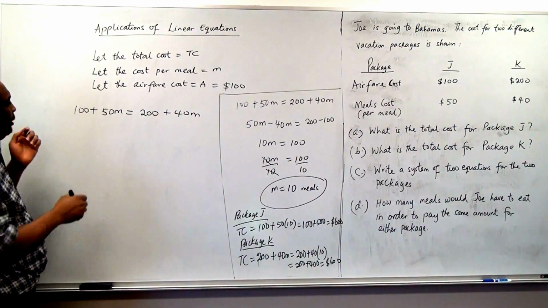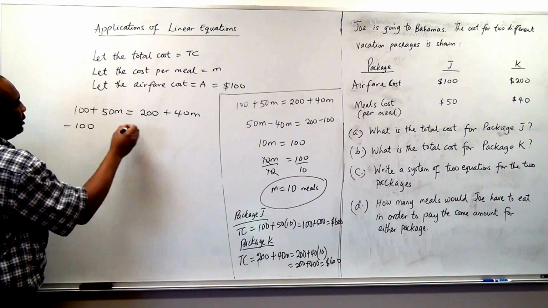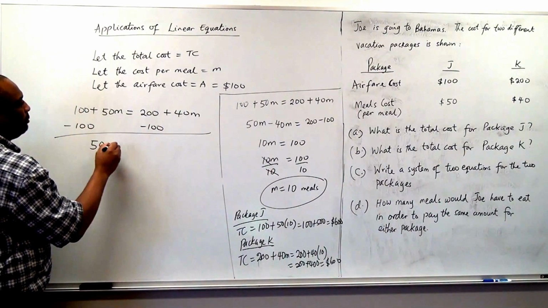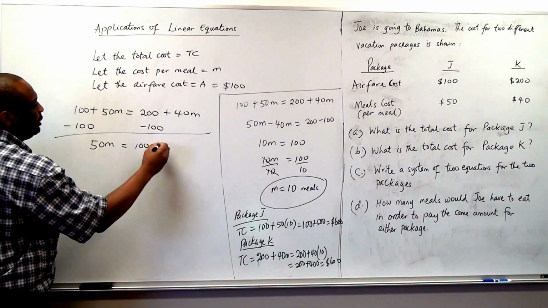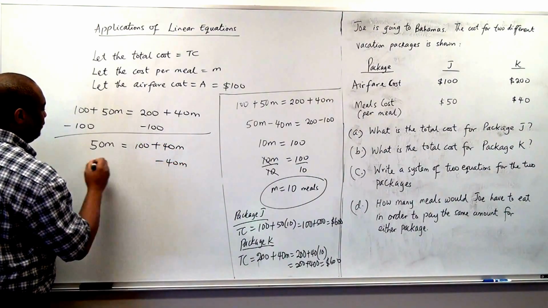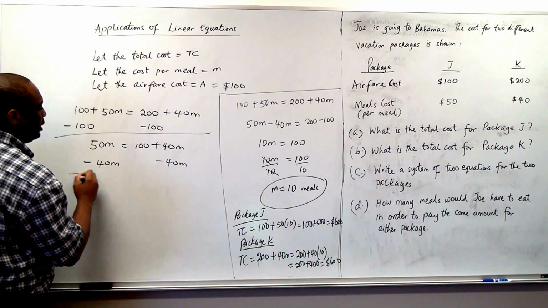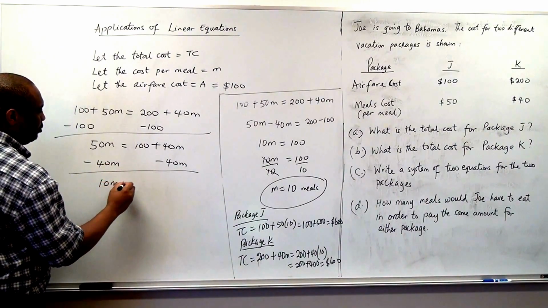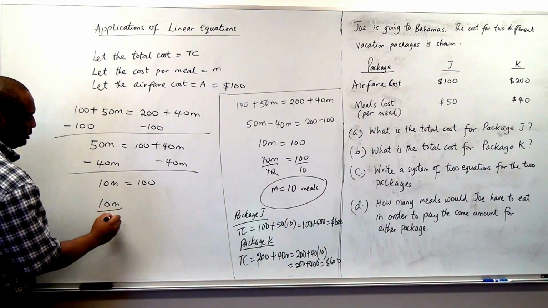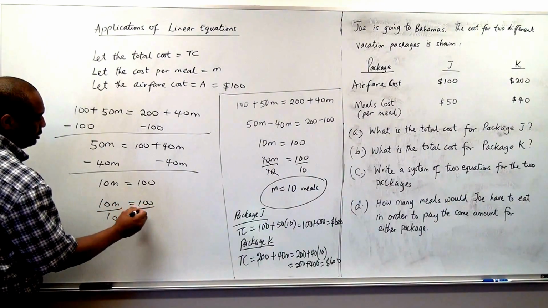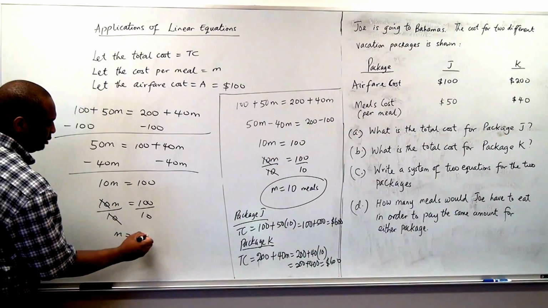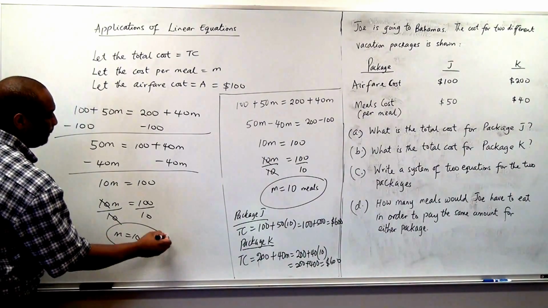So they'll probably subtract 100 from here, 100 from here, and you now have 50m equal to 100 plus 40m. Then you now subtract 40m from here, 40m from here. You now have 10m equal to 100. Then you now divide by 10. So I'm not trying to confuse you, but if you want to use it this way, that's fine.